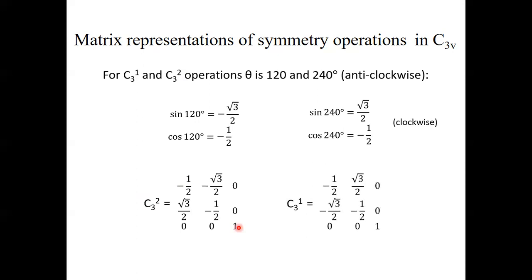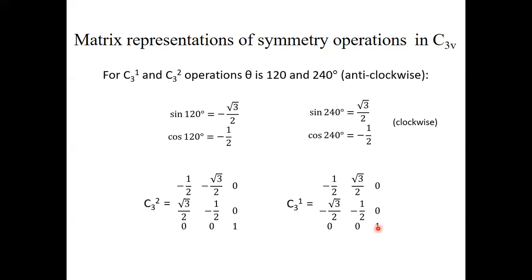The C31 symmetry operation adopts the following form. This minus a half, plus the square root of 3 over 2, 0, minus the square root of 3 over 2, minus a half, 0, and 0, 0, 1.